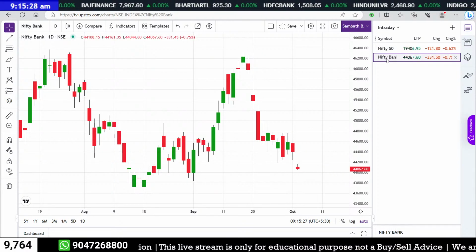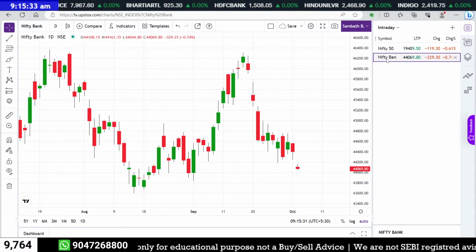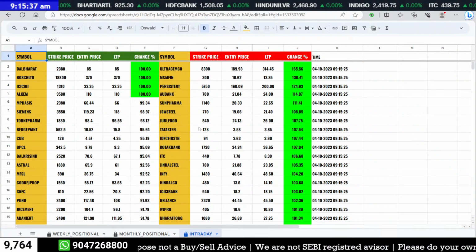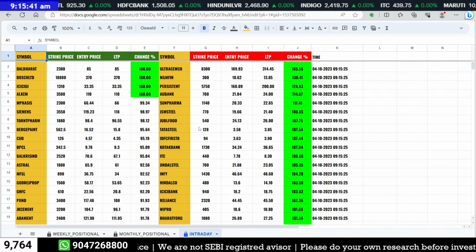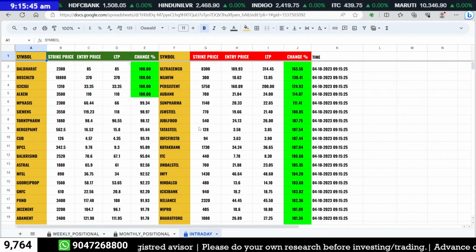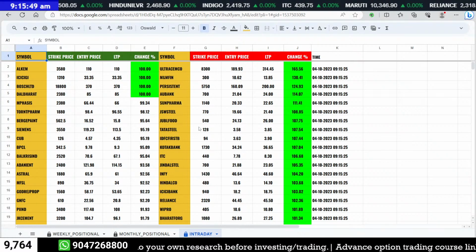We should wait and see which side the market is going to move. At least for the first 15 minutes, you can see stocks like Tech, M&M Finance, Persistent, AU Bank and Pharma, because of that huge gap down, more than 0.6% down on the Nifty.